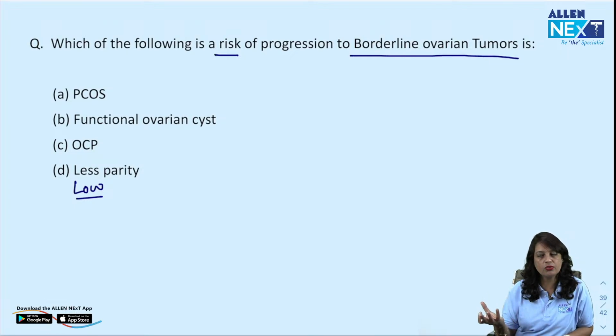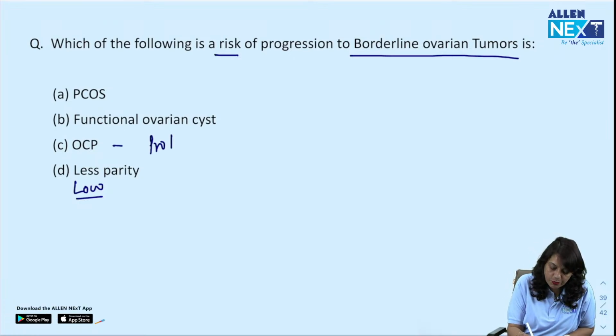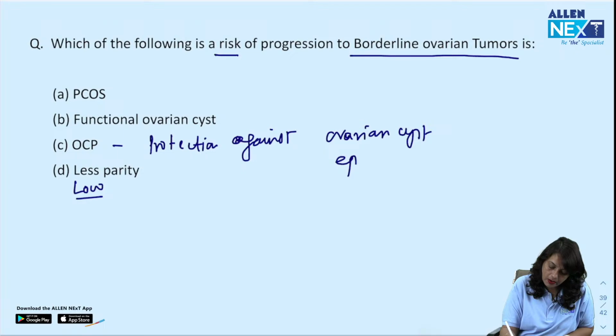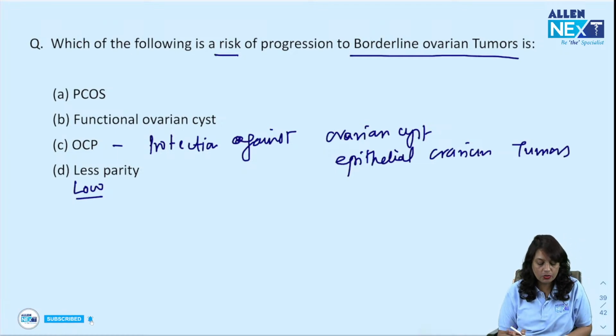It just needs observation, and usually the cyst regresses. OCPs always give protection against ovarian cyst and epithelial ovarian tumors, so they have a protective role.